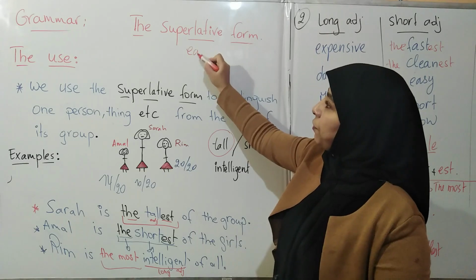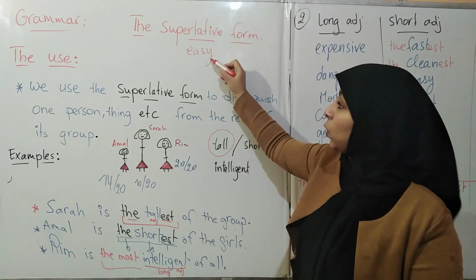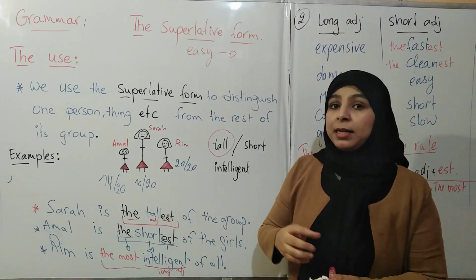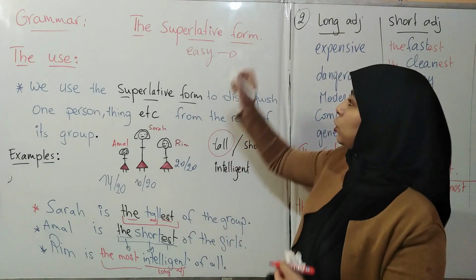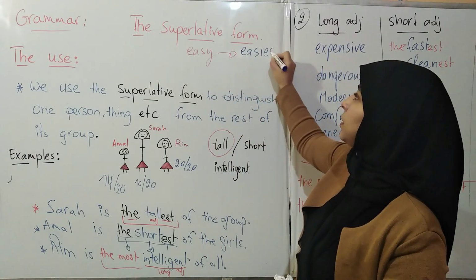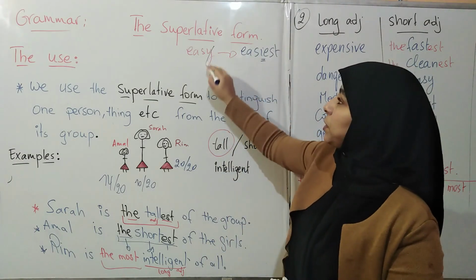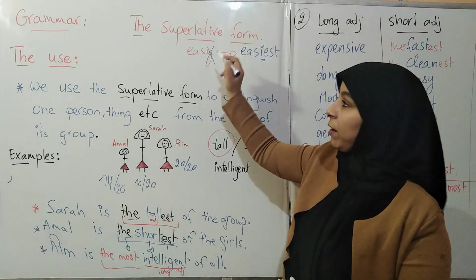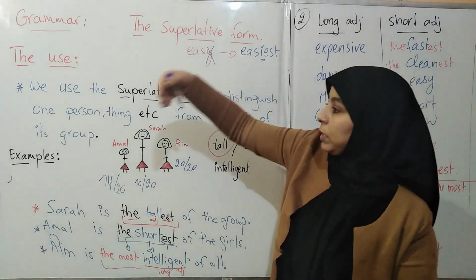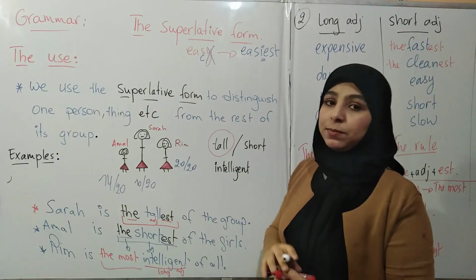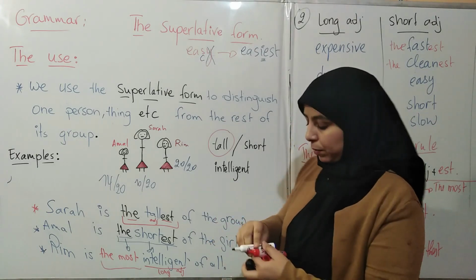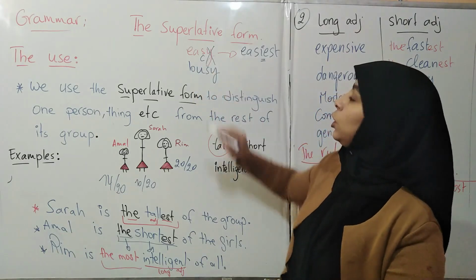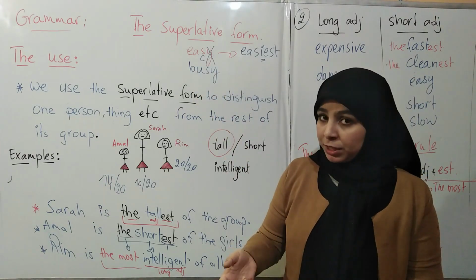When the adjective ends with y, like easy, and we want to form it into the superlative form, we should write it like this, easiest. We drop the y and we replace it with i. However, this y should be preceded by a consonant. Another example, you have busy. Look, busy is an adjective.